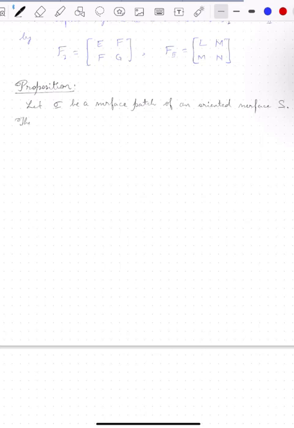Then the matrix of W, the Weingarten map at point P on surface S, with respect to the basis sigma_u, sigma_v of T_P S is F1 inverse times F2. So that's what it is, right?